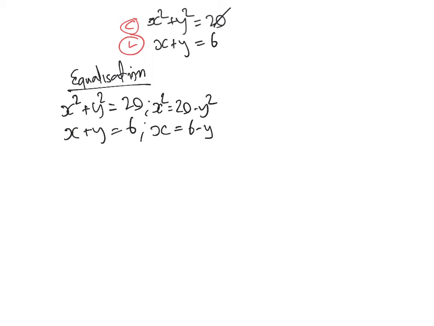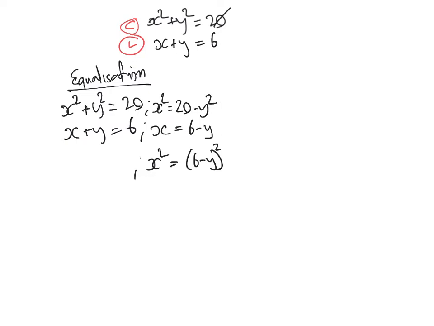So to do that, we need to square the x. Now, if we do that, and this is where we've got to be very careful, we will square one side, x squared, but remember, we're squaring the other side, and this is where brackets are your friends. Okay, do not be tempted to think that if you square one side and get x squared and square the other side, you get 36 minus y squared.